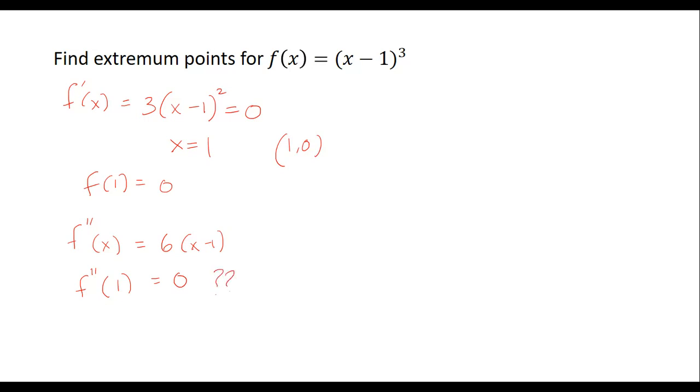This is what happens if you have a situation where your f double prime gives you a 0 value. You cannot safely make a conjecture. You cannot say it is a maximum. You cannot say it is a minimum.